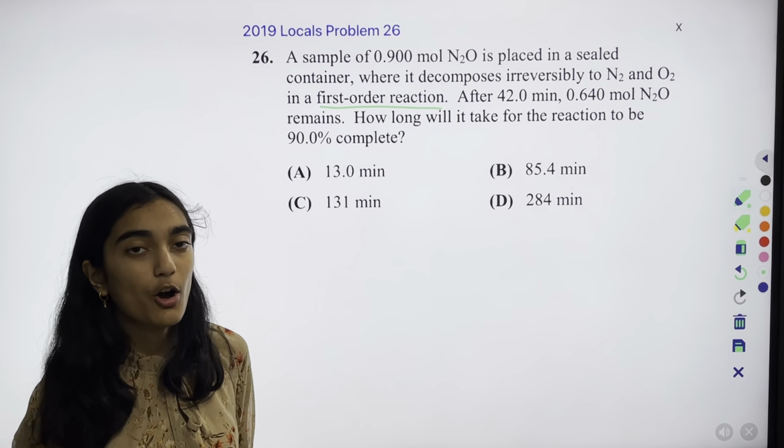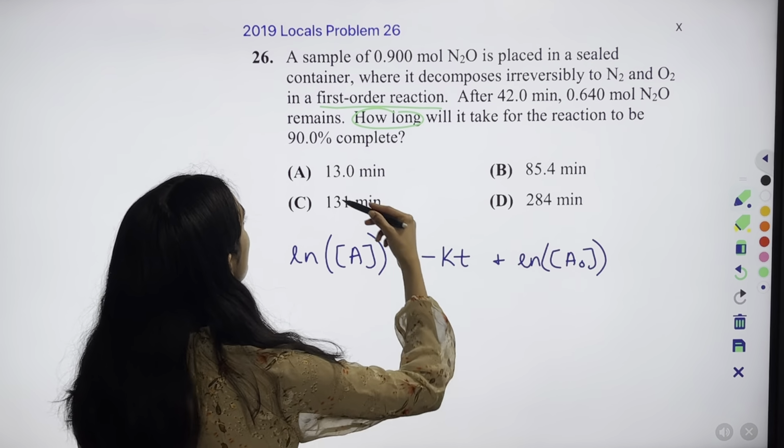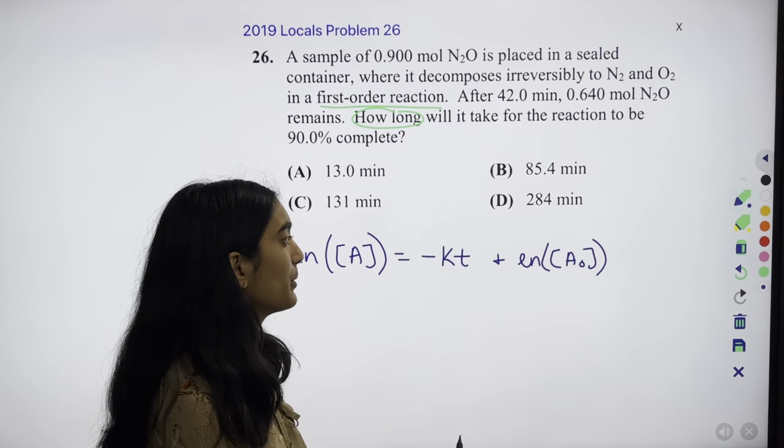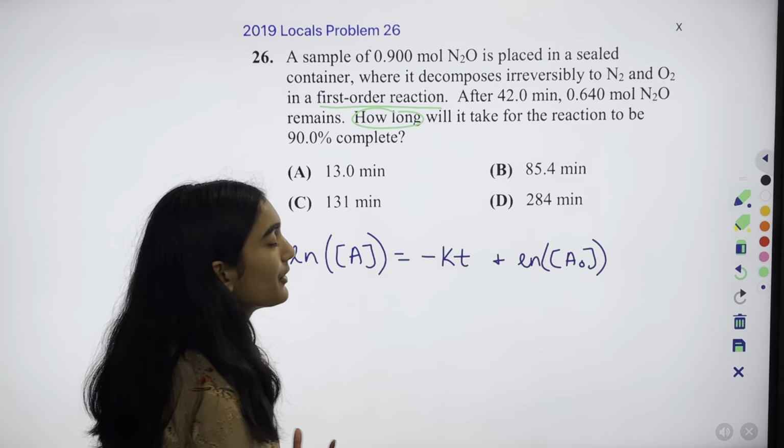So we're given that the initial concentration, well, it's in a sealed container, right? So the volume is the same throughout. So we can just use the number of moles as a concentration because they'll cancel out because it's the same. So it doesn't really matter.